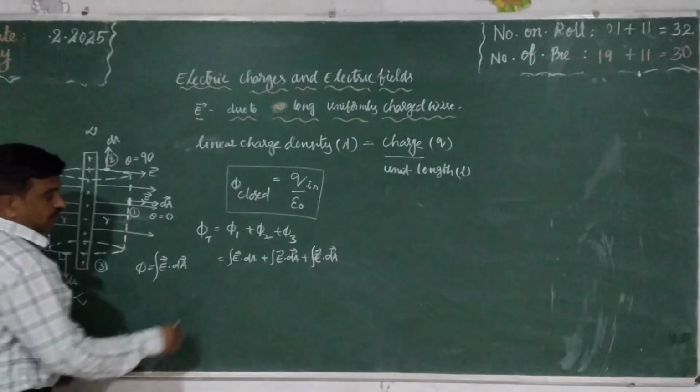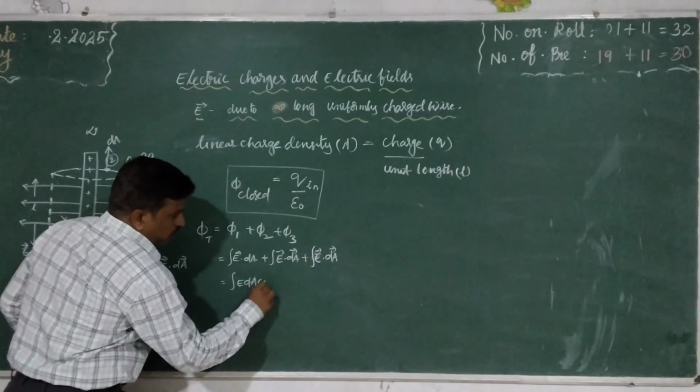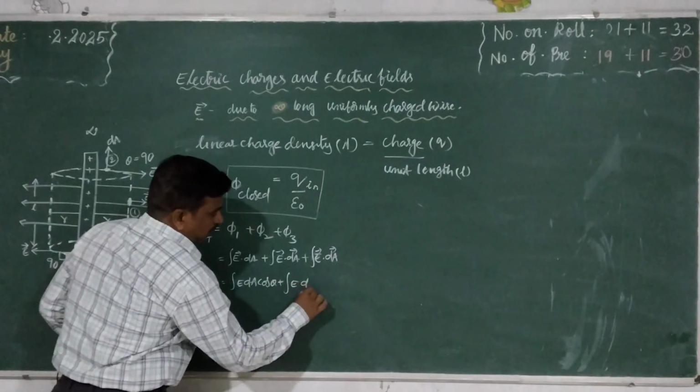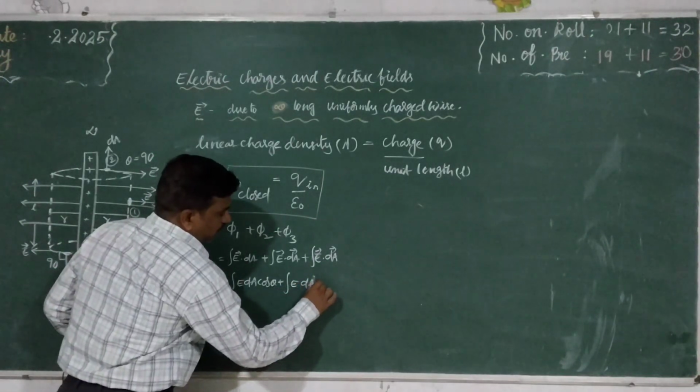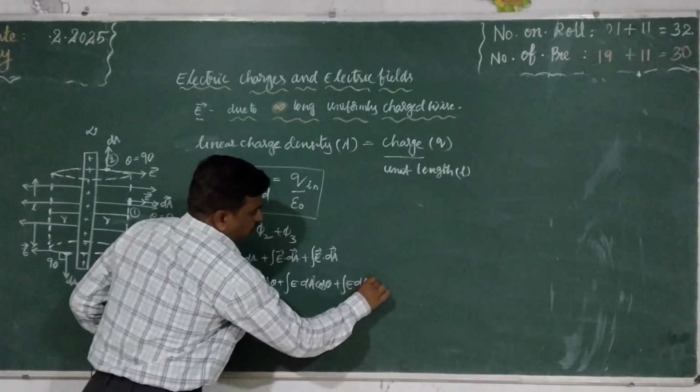E dot dA means integral of E dA cos theta. It is a dot product, so E dA cos theta.